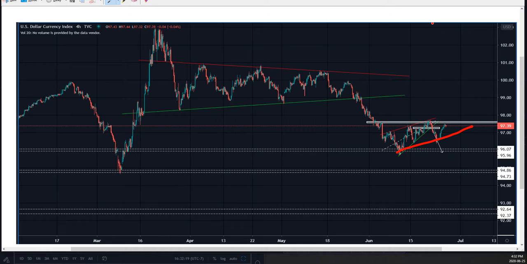You don't have algos. You're just trying to think about risk tolerance on a global scale. But in terms of the overall structure, if the SPX goes down and this sets up to be a nice ascending triangle, that could be a really good opportunity to potentially look for long USD trades in the FX market.